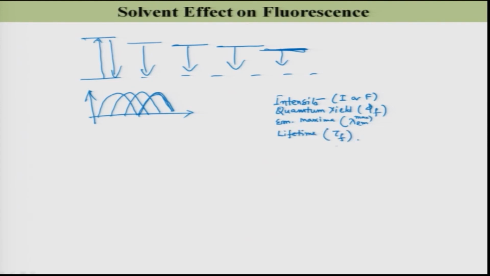I also showed you that this tau f is nothing but 1 over Kr plus Knr, the radiative and non-radiative process pathways.